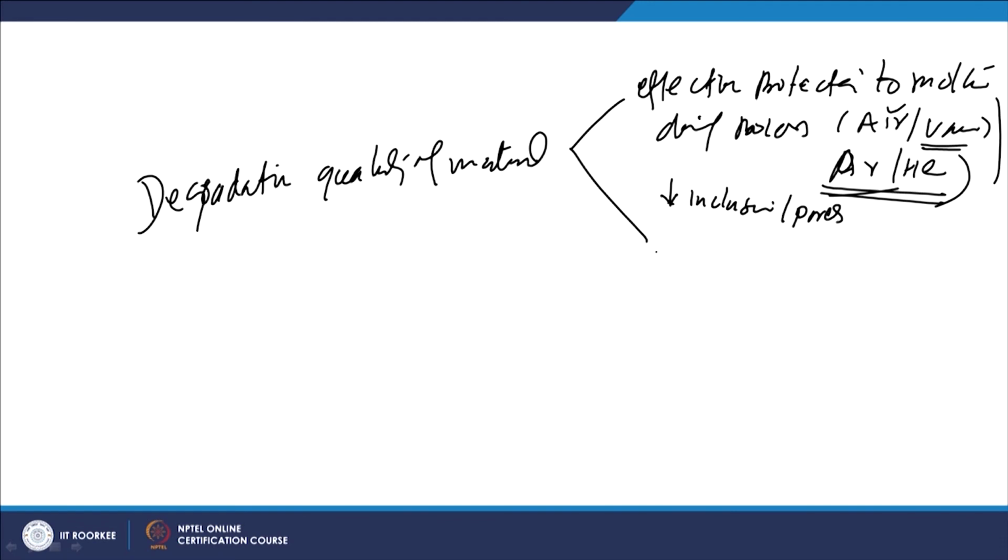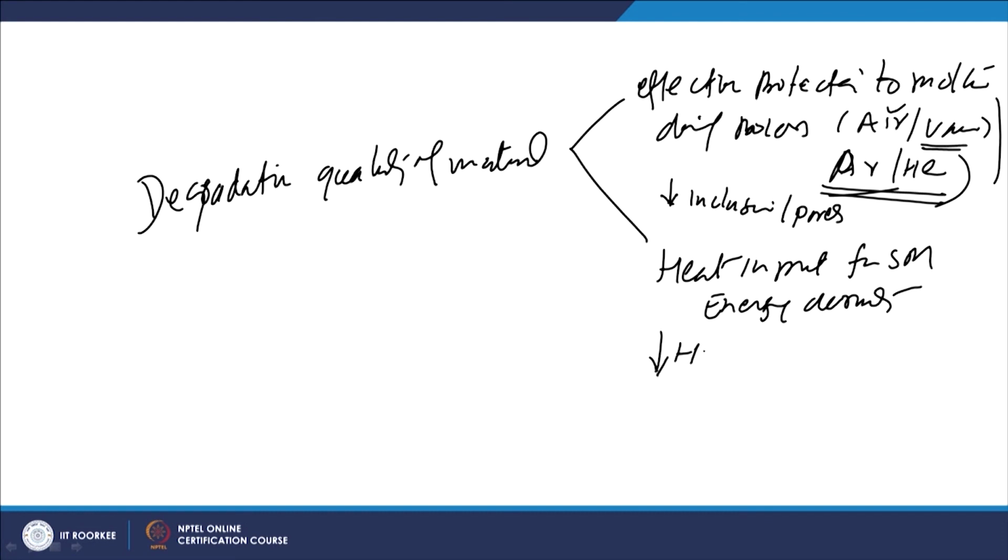Another aspect is how much heat input is being used for surface modification, and this in turn depends upon the energy density associated with the process being used. If the heat input is less for a given surface modification, then the quality will be better.